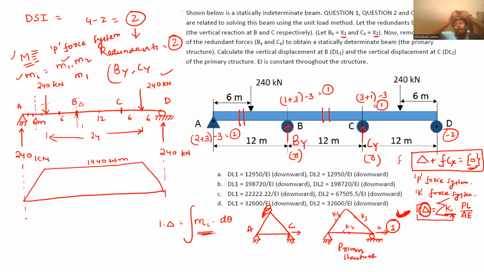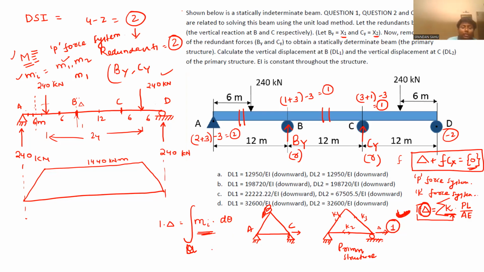Here you have to write along the span: your m has an equation, suppose 5x or 10x or 10 by 3 x, varying between, suppose, A to B. So you have an equation for a given span. You have to integrate over that span length, from 0 to the span, lower limit and upper limit, so m into d theta.